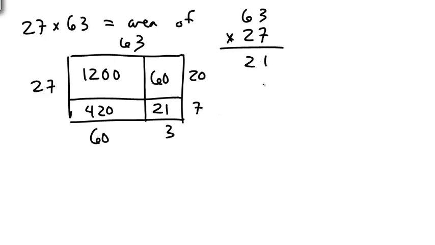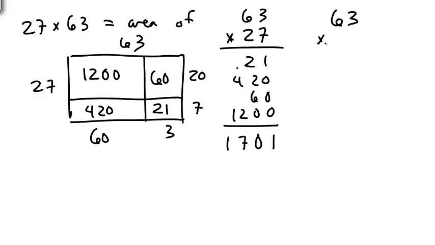It's 21 plus 420 plus 60 plus 1200. And you add these all up. 1, 4, 10, 5, 7, 1,701.